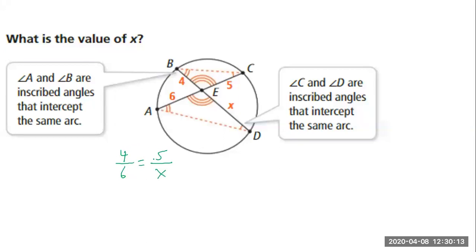Now, what would we do? We'd cross multiply and solve. So 4 times x is equal to 6 times 5. 6 times 5 is going to give us 30. And then 30 divided by 4 is going to give us 7.5.